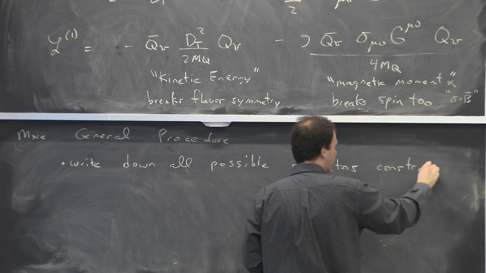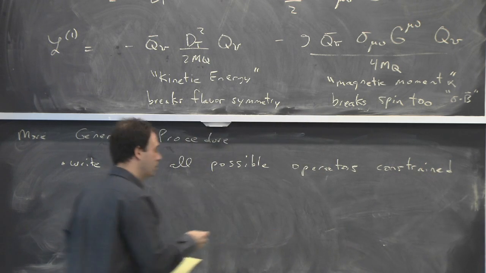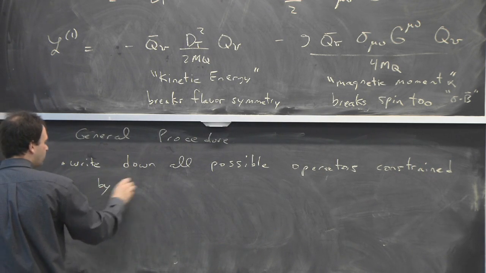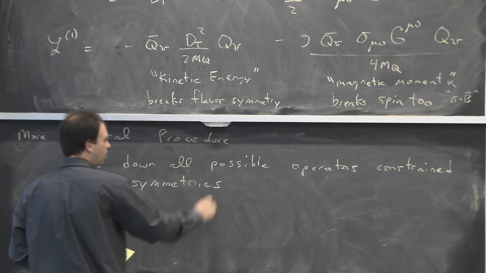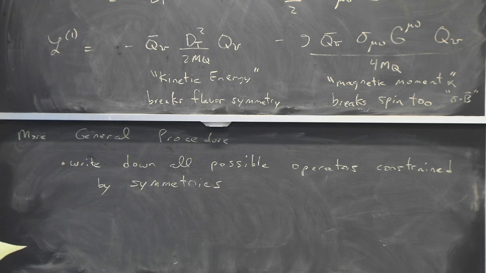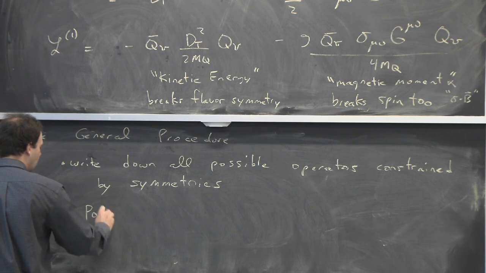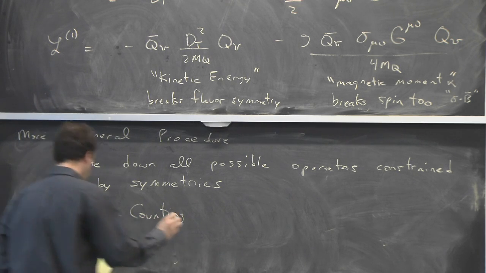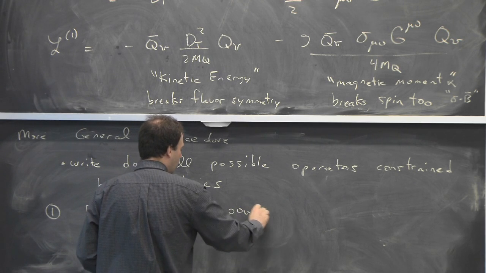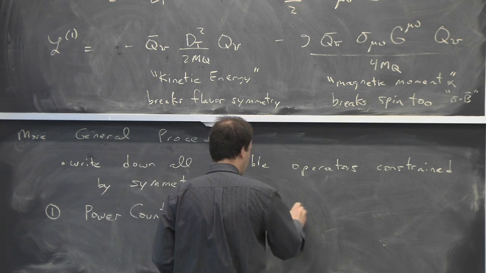We've seen examples where that happens. There's an operator that only shows up at loop level. So we could think about it from the bottom up, even though this is a top-down effective theory, in order to make sure we're not missing anything. And if we wanted to do that, we should enumerate all the possible things, the symmetries, and all that we can use to constrain the form of the operators. So let's enumerate. So there's the power counting, of course. That's pretty simple here. All the powers of 1 over M_Q are being made explicit.